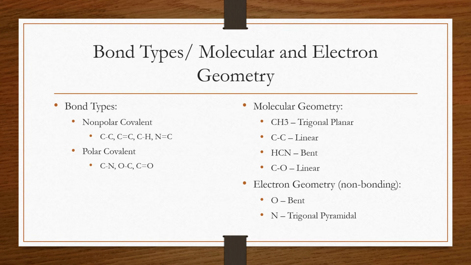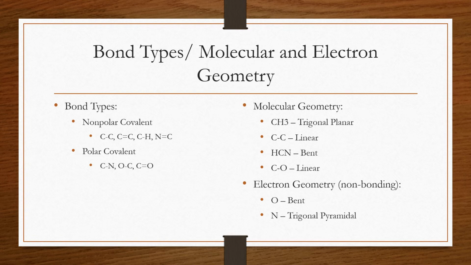On this slide, we will be taking a look at the bond types and the molecular and electron geometry. Now just keep in mind, when we talk about electron geometry, we will only be talking about the non-bonding pairs. So now let's take a look at our bond types.